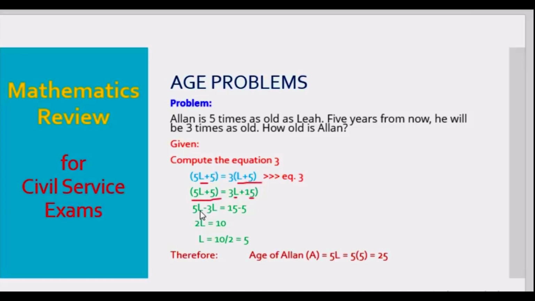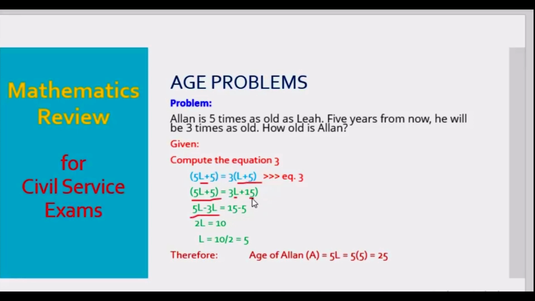I am just combining here. The next step is combining similar terms. So the 5L on the left and the 3L on the right, just transpose it. So it becomes 5L minus 3L, and the 15 on the right, which is 3L plus 15.